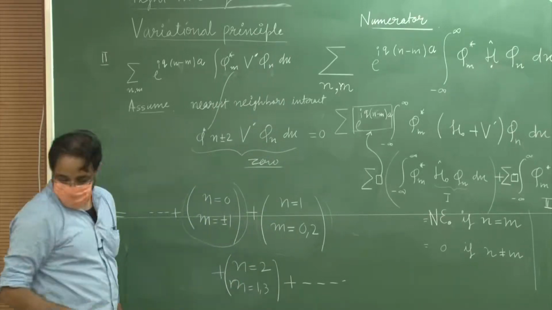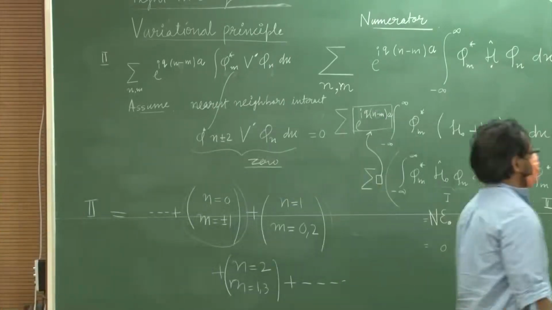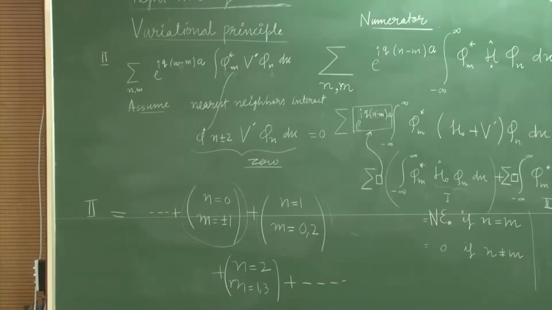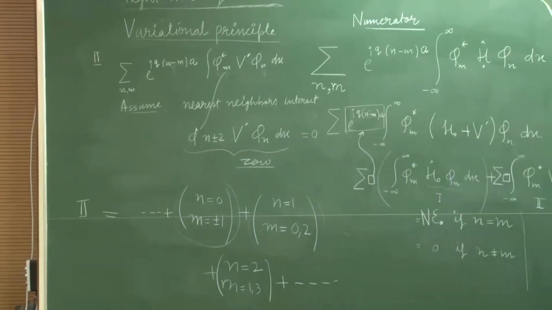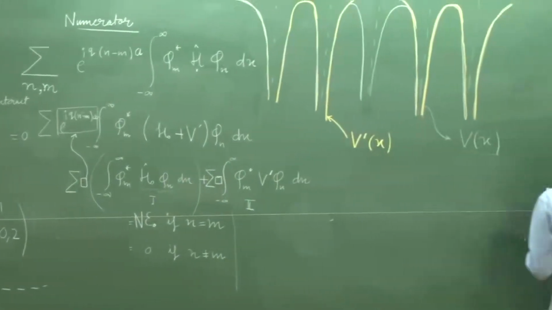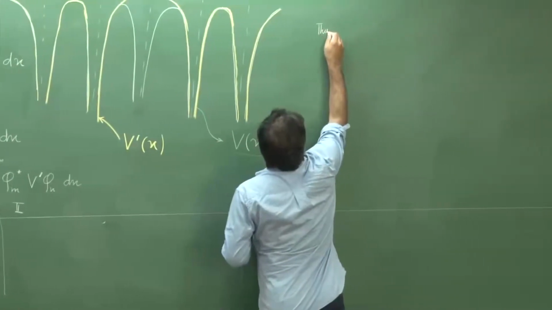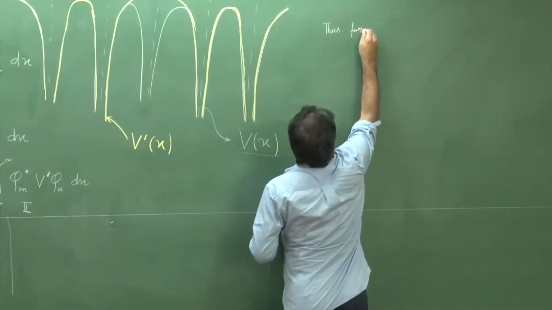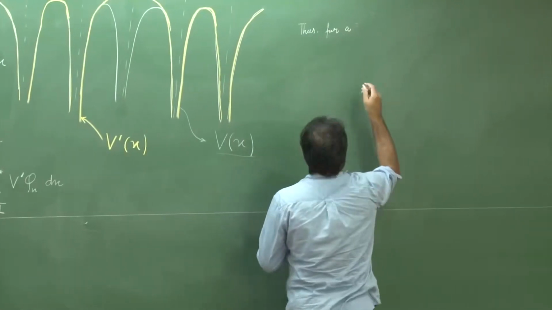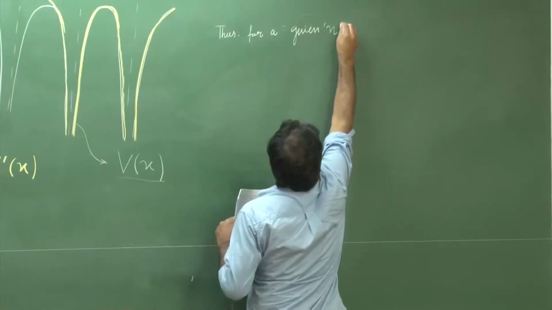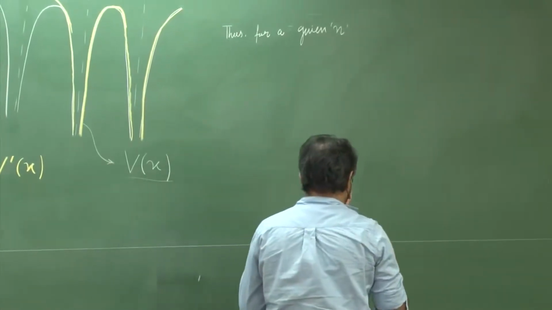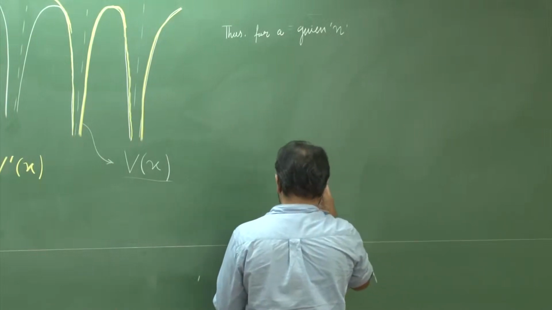Therefore, for a given n, we have only 3 non-zero terms.